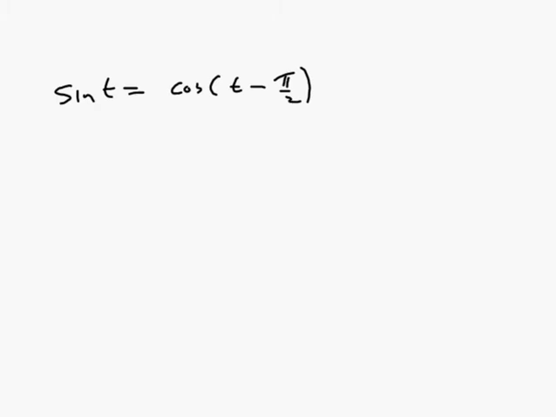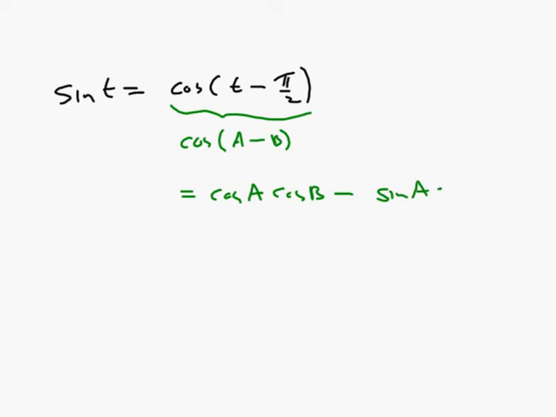But on the right, it's of the form the cosine of a minus b, right? Which we have a rule for that we proved yesterday. That's equal to cosine a cosine b minus sine a sine b. Cosine, cosine, sine, sine.